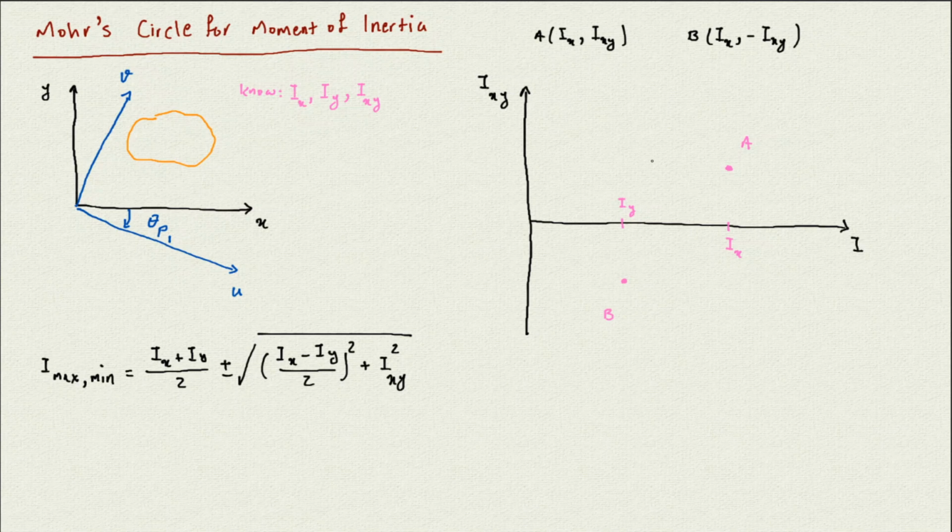Now I draw a line from A to B, and the point where it crosses the I axis is the center, which I call O. Now I draw a circle with center O and diameter AB. It's going to be something similar to this.